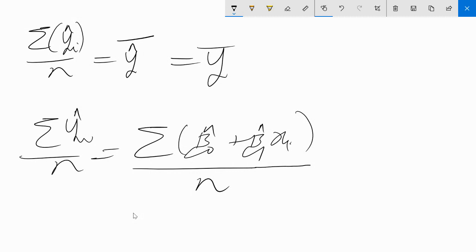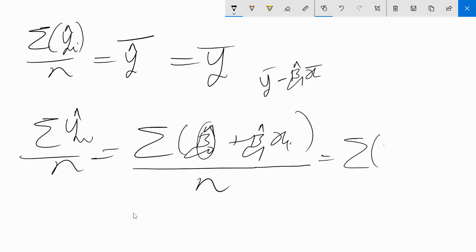Then I'm going to replace this again by y bar minus beta 1 at x bar. So I'm going to replace that.